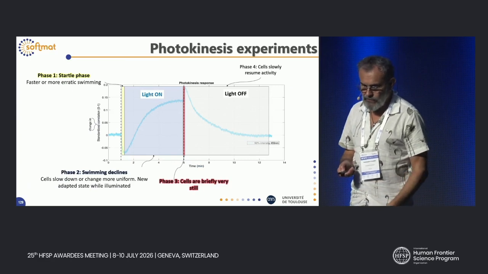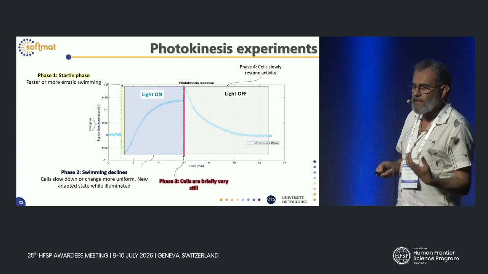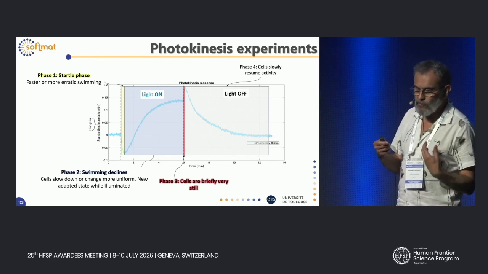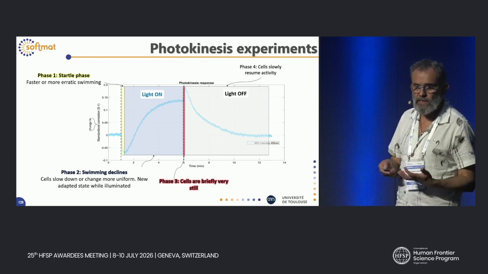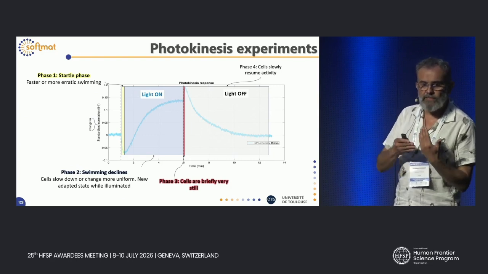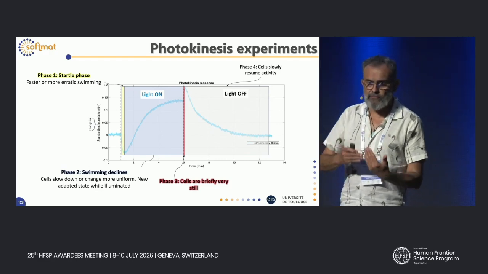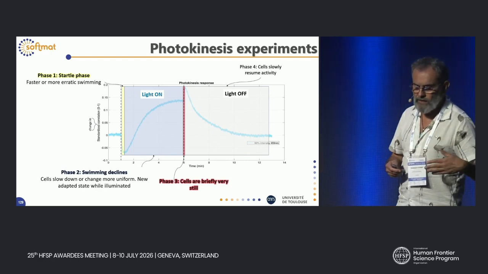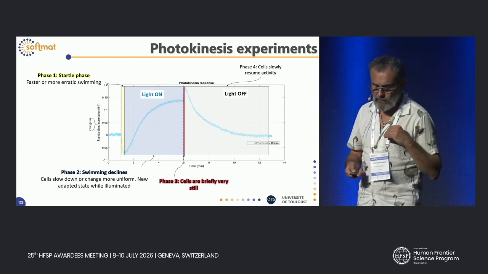That's the first result they got, and it's brand new. Here they apply light and they look at the motility, so it's called photokinesis. That means the cells are moving randomly, but if they change their mobility, then the images, frame to frame, will be more and more similar because they tend to stay frozen. So the higher the curve is, the more frozen the bacteria are.